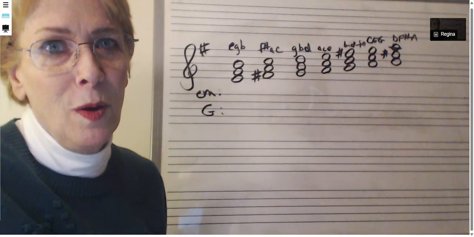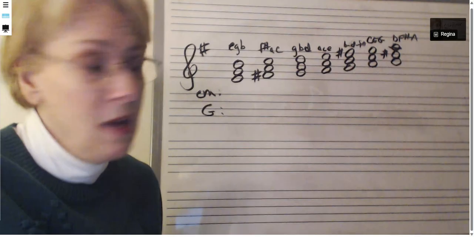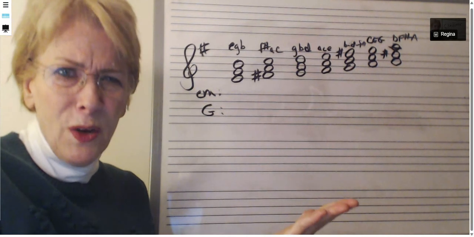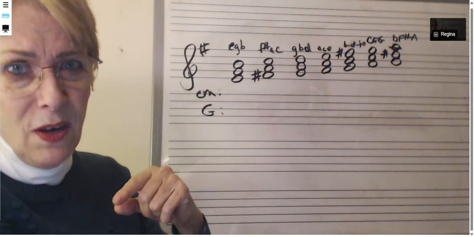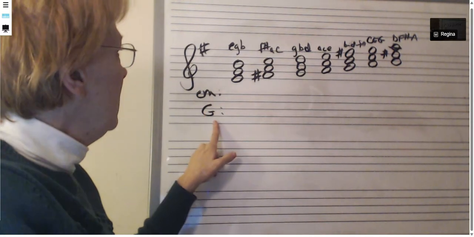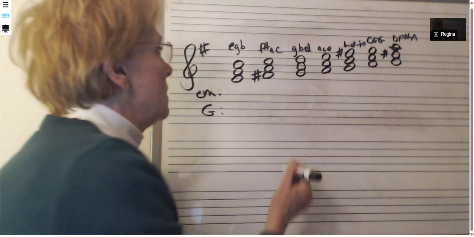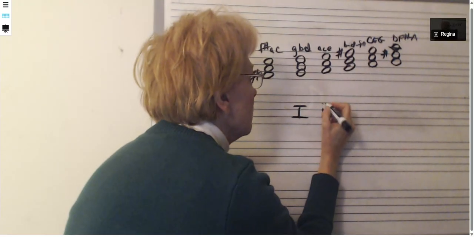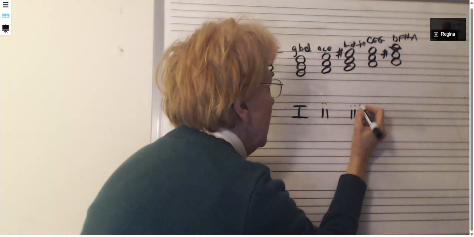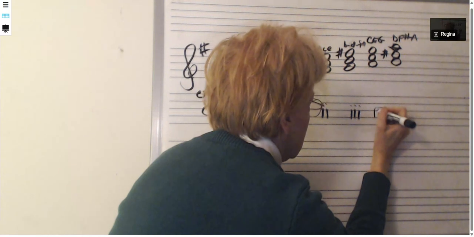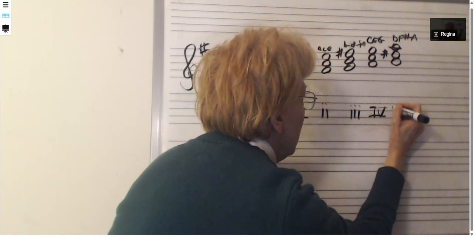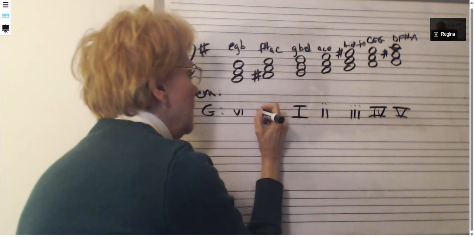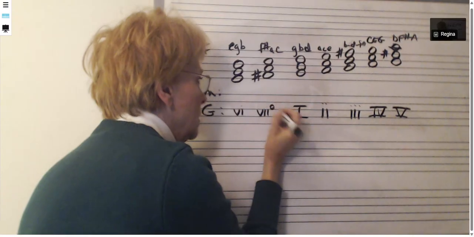I like to put my Roman numerals for the major key first, just because I can always remember which ones are major, which ones are minor. The minor keys, I'll let them fill themselves in afterwards. So in G, we know the 1 is here, right? This is our 1, which means this is a 2, this is a 3, this is a 4, this is our 5, this is our 6, and this is our 7 diminished.